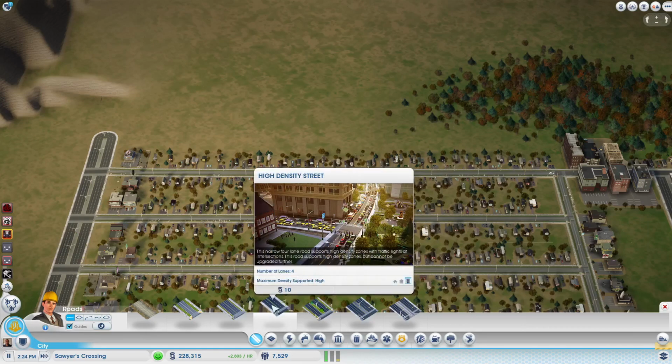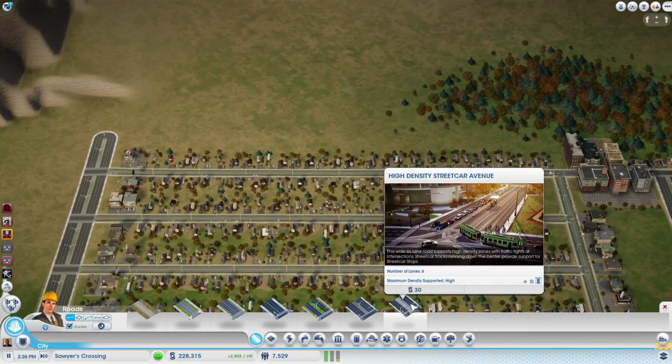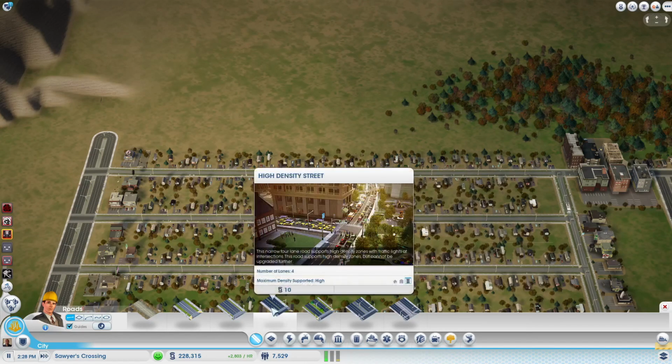And then we have high density street or high density avenue or high density streetcar avenue. And on these streets, depending upon the circumstances, you can have low, medium, or high density buildings, but the potential is there for the buildings to be of high density on a high density street.